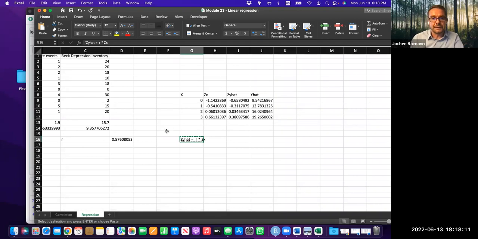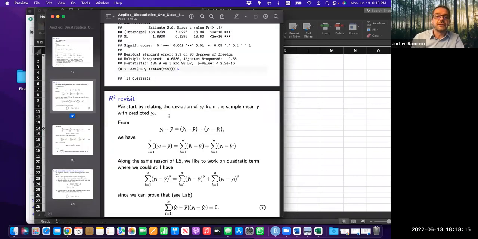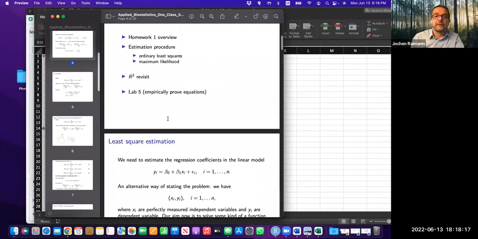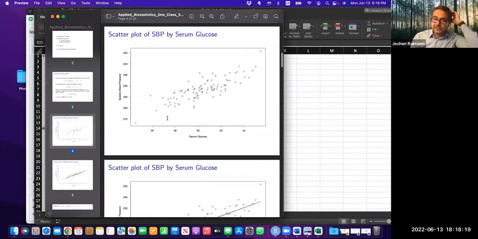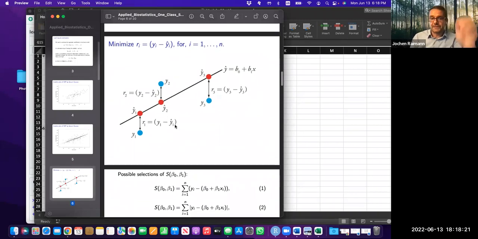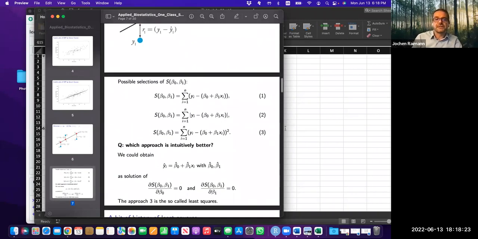This is basically taking the formula shown here on how to calculate the coefficients, which is a least squares estimation. So you have this fraction here.